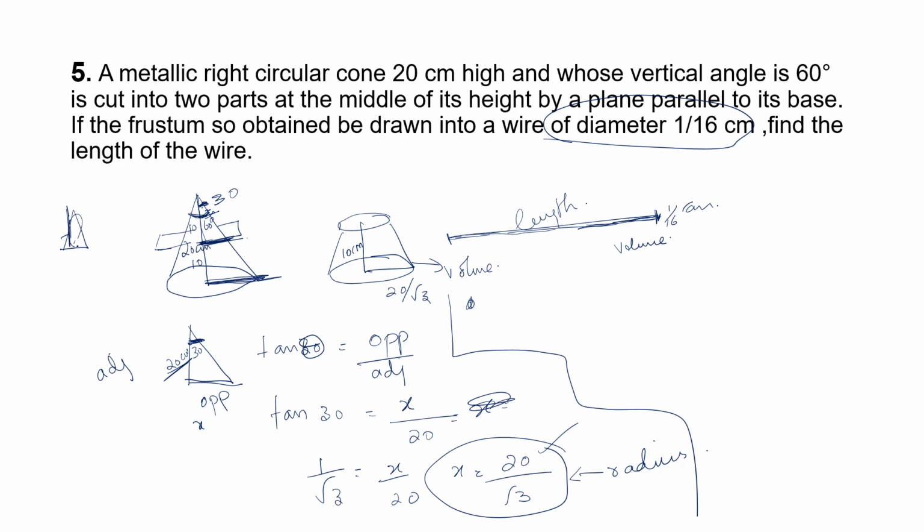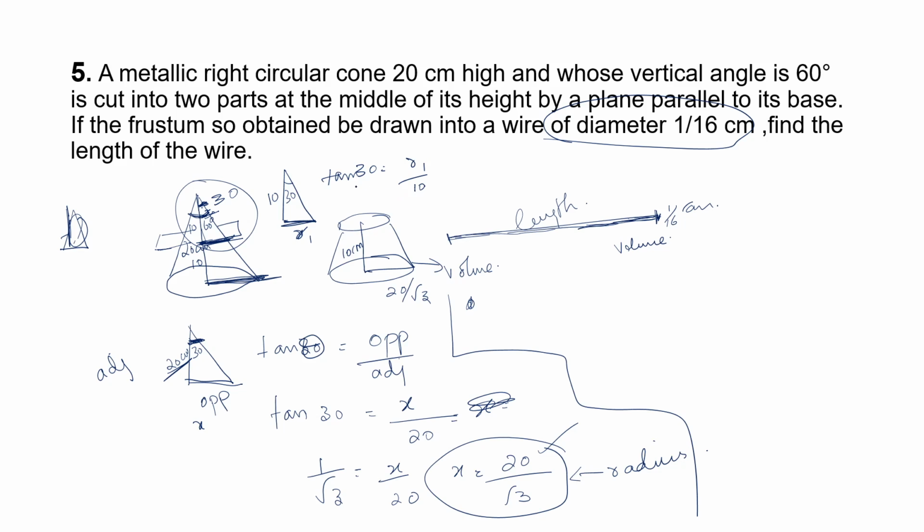See here, I'm speaking about this cut area. This cut area will be like this. The angle will be 30. Its height will be 10 because it is cut at half. And this radius we can find out. Tan 30 is equal to R1 by 10.